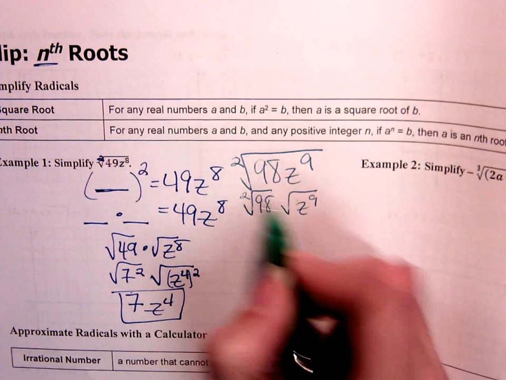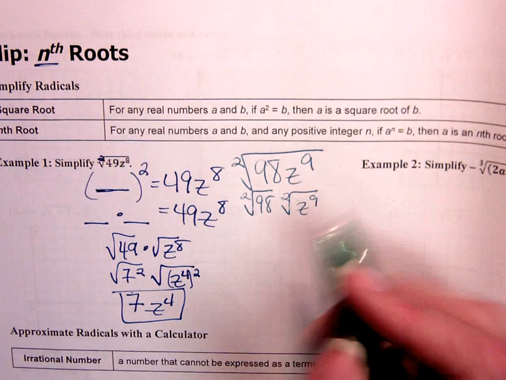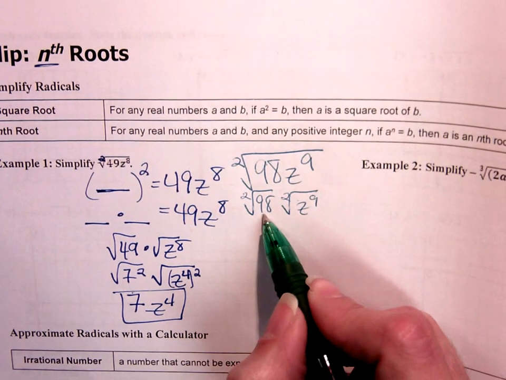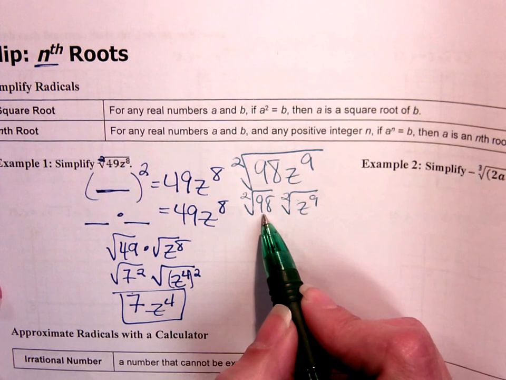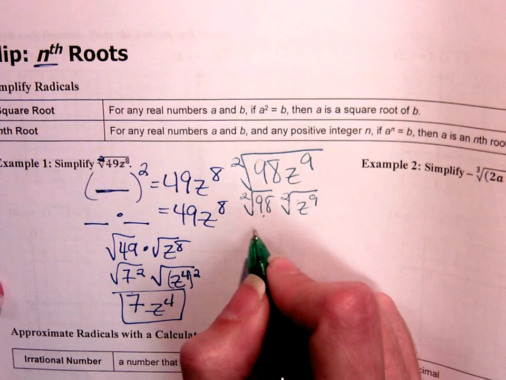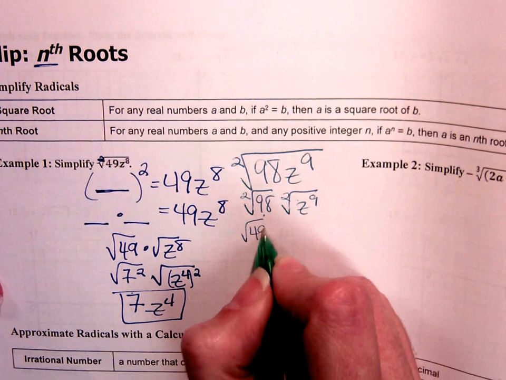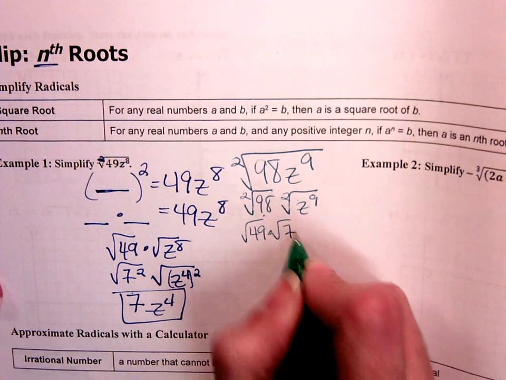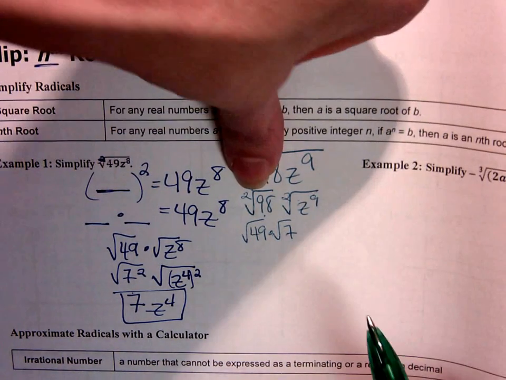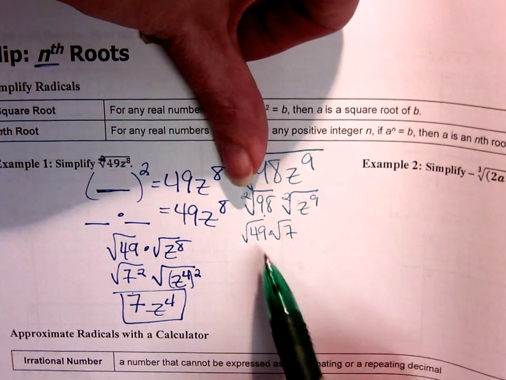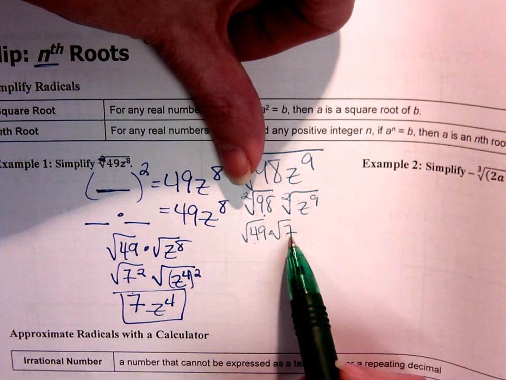And we're remembering our index is 2. 98 is not a perfect square. If I try to take the square root, I'm going to get some irrational decimal. But I do know that 49 times 2 will give me 98. Because I was taking the square root of 98, I am looking for perfect squares that I can divide out.